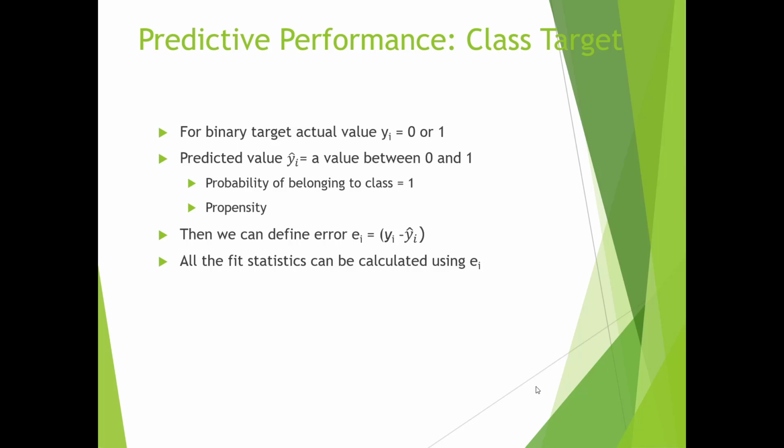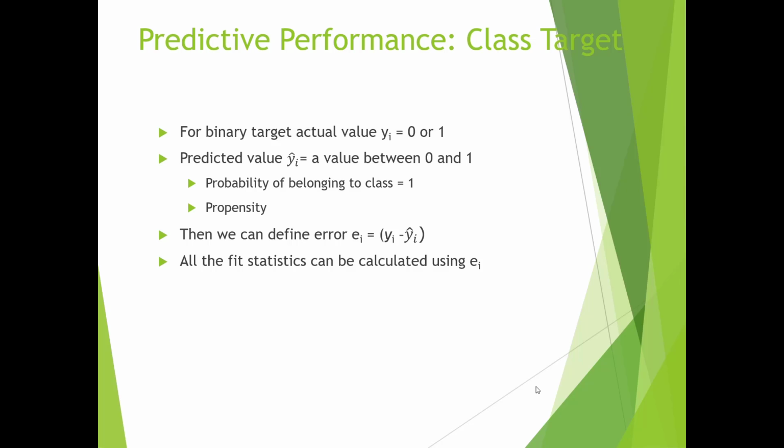When we run a model to predict, the predicted value of y is going to be a number between 0 and 1. That number represents the probability that this observation is equal to 1. So you'll have a value for y hat that can be used as a probability.